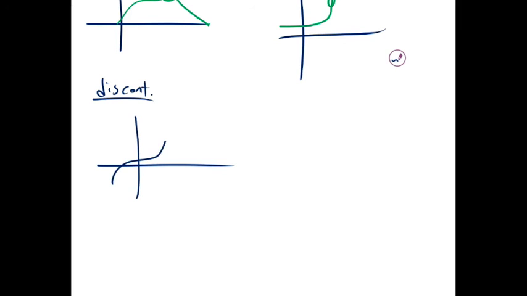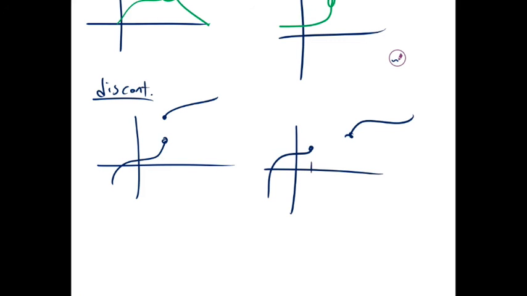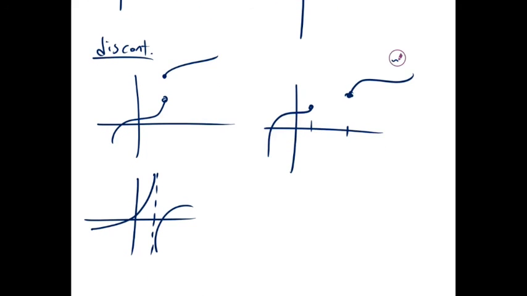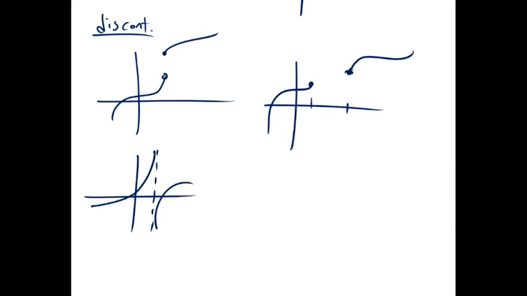For example, if we have a jump discontinuity like this, then it's not differentiable. Or if there's a gap in the function, where it's not defined, then it's not differentiable. If you have a vertical asymptote, then it's not differentiable at that asymptote. So if a function is differentiable, then you know it's continuous. That's pretty much it on the formal definition of the derivative.